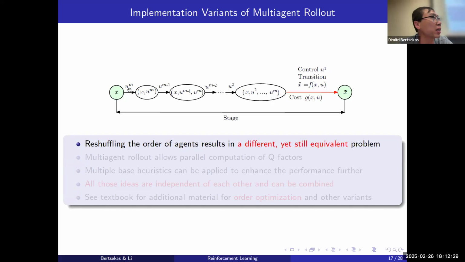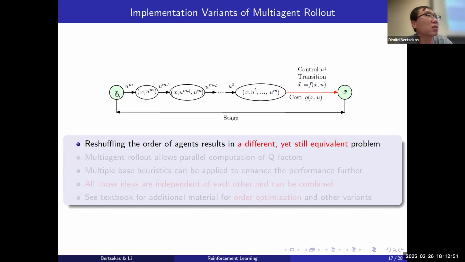In this particular case where the order is reversed, we are considering the case where, starting with the state x, after applying the control for the last agent, we consider this to be the new state, and then apply the control for the second to last agent, we consider this to be the state, and so on.